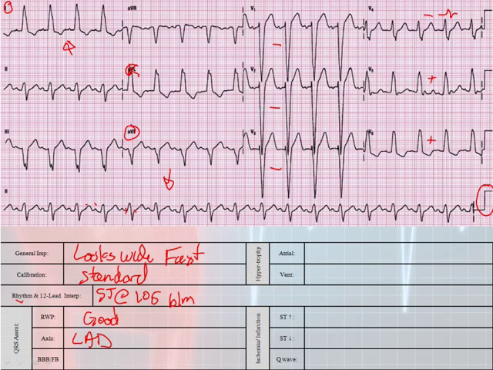Since we have a wide QRS complex here, let's go ahead and look at V1 and V2. Do we have a wide, deep RS pattern in V1 and V2? Yes, we do. Let's look at our lateral leads. Do I have a wide upright pattern in 1, aVL, V5, and V6? I do. I meet all of that criteria. And now the critical criterion, do I have Q waves anywhere in my lateral leads indicating normal septal depolarization?